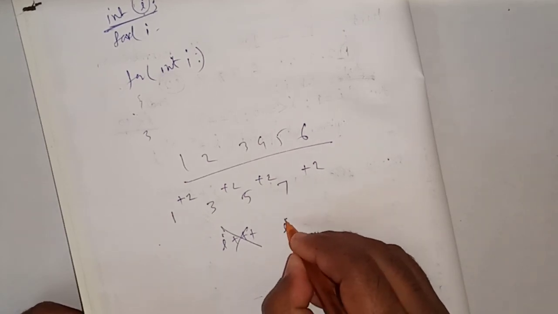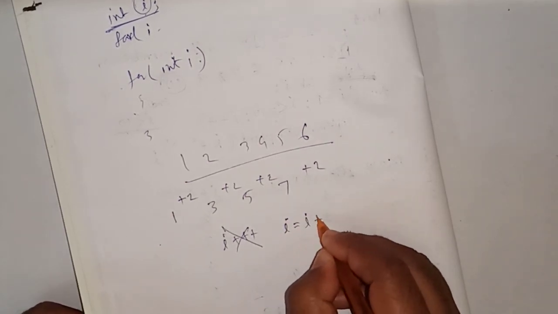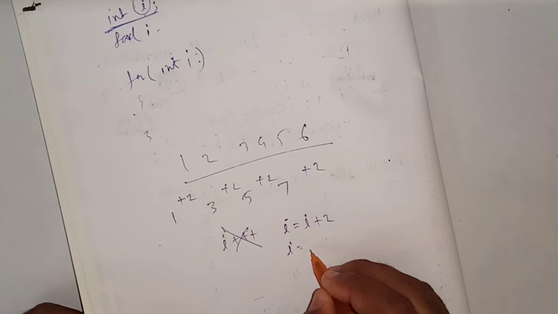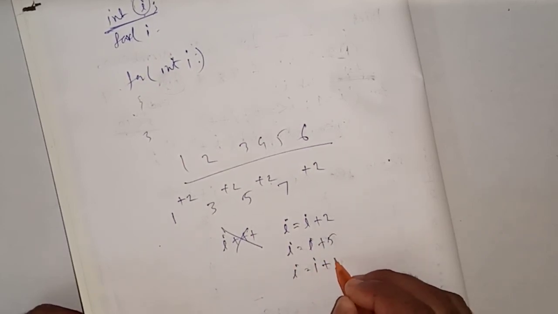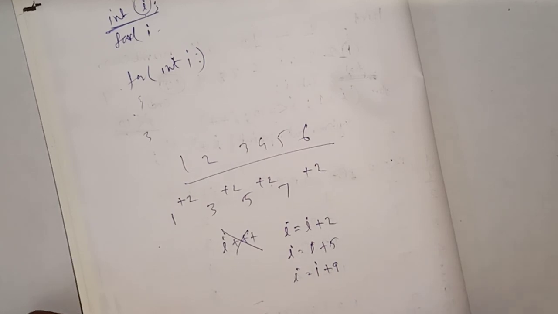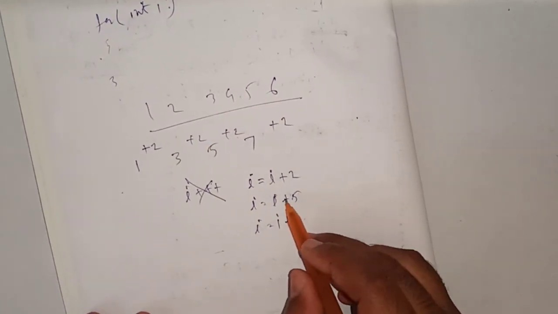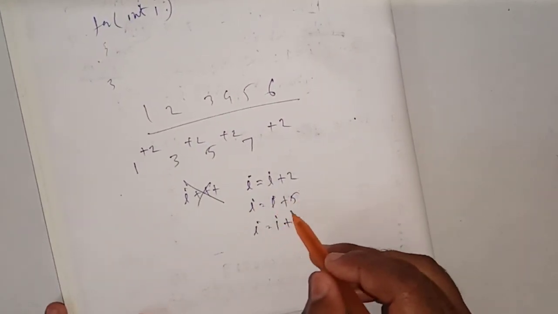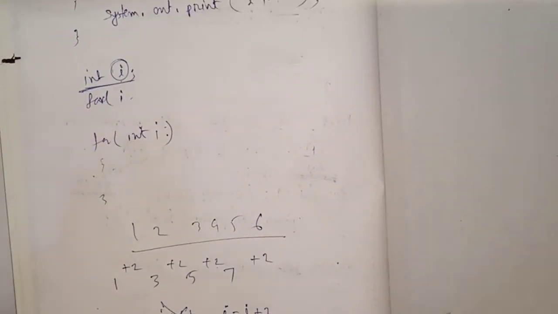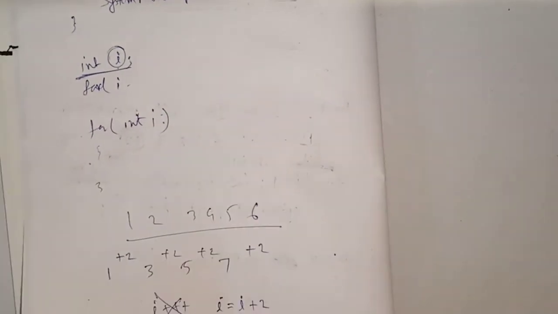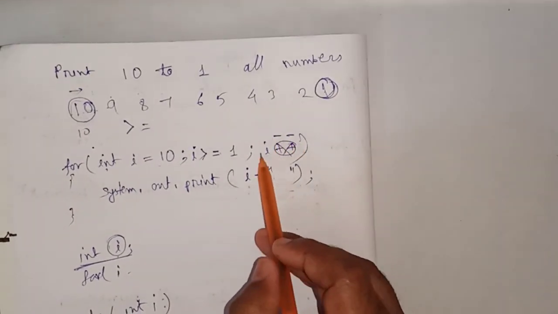We write I is equal to I plus 2, or I is equal to I plus 5, I is equal to I plus 9. Depending on the requirement of your program, you write the increment or decrement.